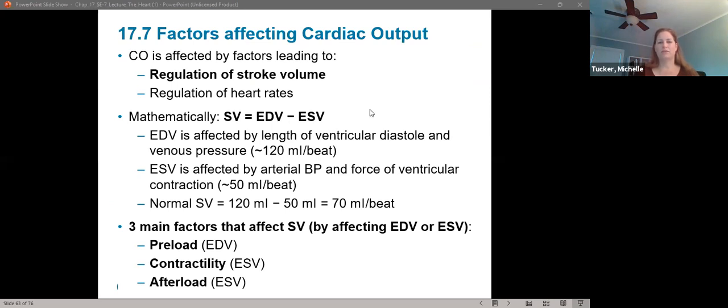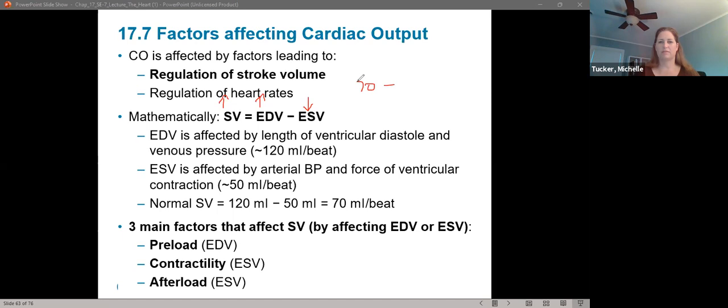If you want to increase stroke volume, you can either, or in conjunction with, increase end diastolic volume, so make this first number bigger, or decrease end systolic volume, make this number smaller.